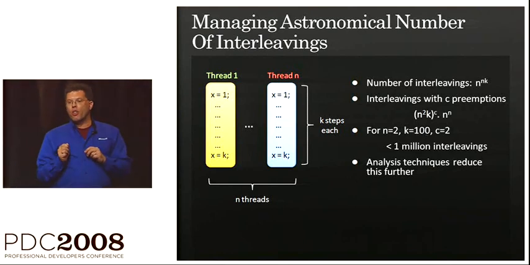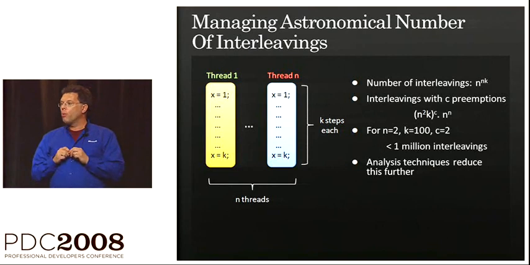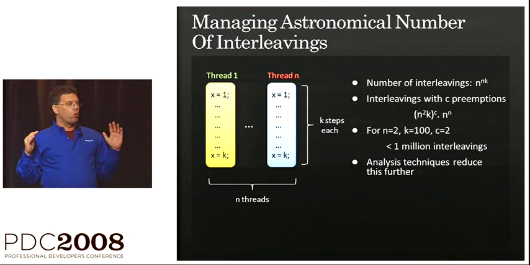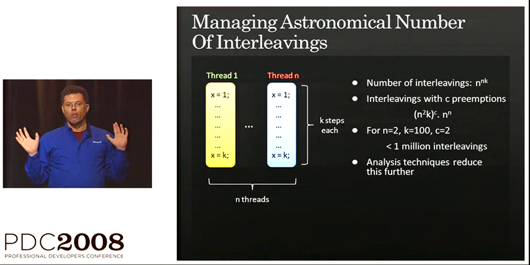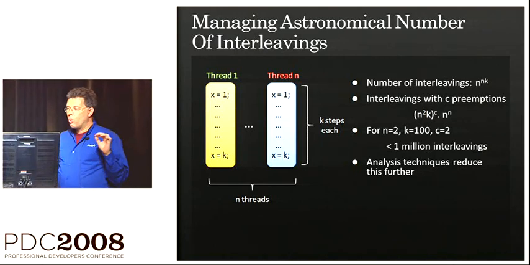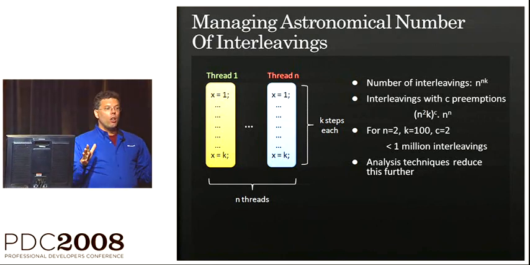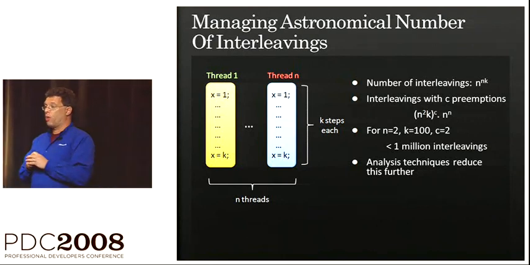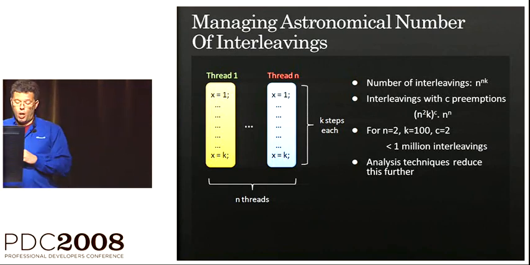If we limit ourselves to 2 preemptions, c equals 2 per schedule, then we only have less than 1 million interleavings. Now remember, without that c equal 2, n to the k was greater than the number of atoms in the known universe. So by introducing this useful notion of preemptions, and by exploring first schedules with fewer preemptions and then growing to larger numbers, we can actually make CHESS scale.